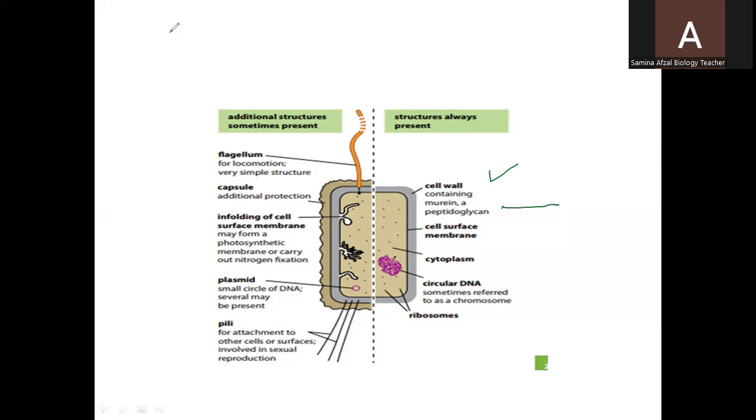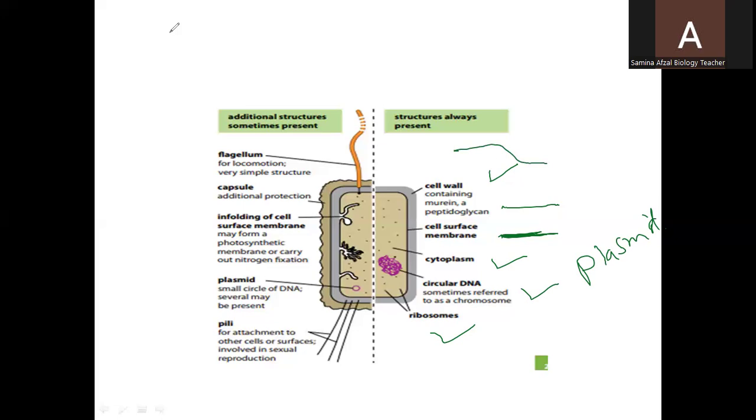Cell surface membrane is present, but the different organelles or the nucleus are without this cell membrane. Cytoplasm will always be there. Circular DNA or plasmid will always be there. Ribosomes will always be there. So these are the structures which will always be present in prokaryotic cells.